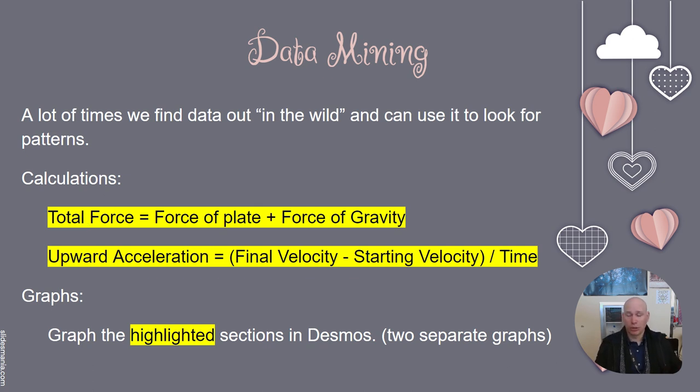We already said that total force is adding up all of these forces, so we're just adding up the force of the plate and the force of gravity. When we're coding this, always start with an equal sign and then click on the number that represents the force of the plate, hit plus, and then click on the number that represents the force of gravity.